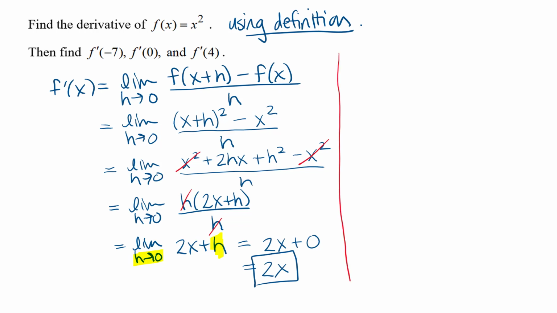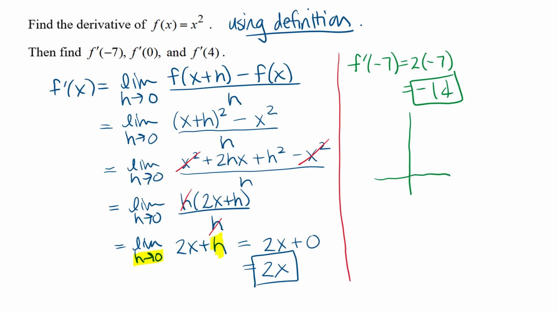Okay, so f prime of negative 7 means I'm going to take negative 7 and put it into the f prime function in place of x, so I'll have 2 times negative 7, and I'll get negative 14. Let's talk a little bit about what that actually means. On the graph of f of x equals x squared, at the point where x equals negative 7, the y coordinate would be negative 7 squared, so the point is negative 7 comma 49.